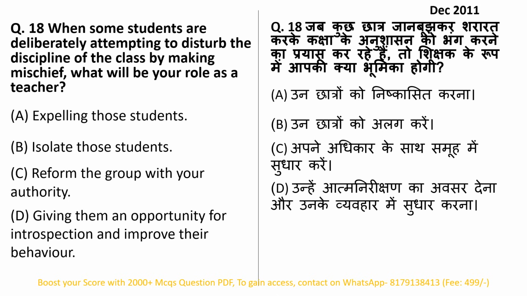So the question is asking if, intentionally, some students are trying to cause disturbance in the class, what should a teacher do? The right answer is option D, giving them an opportunity. The teacher should not directly scold or just punish them. She should give them a chance so that they can improve their behavior.